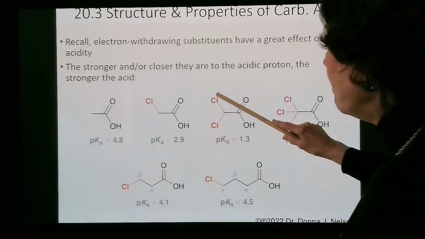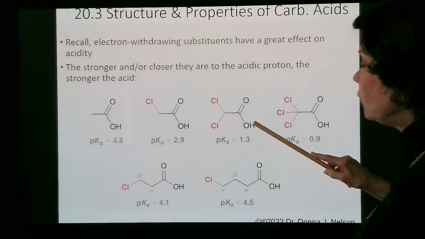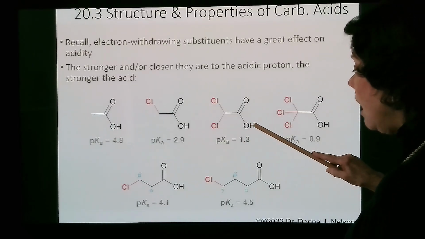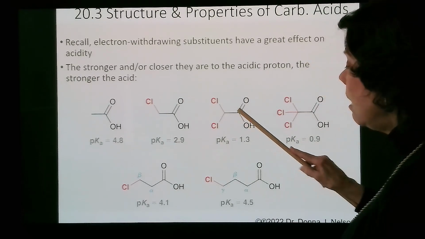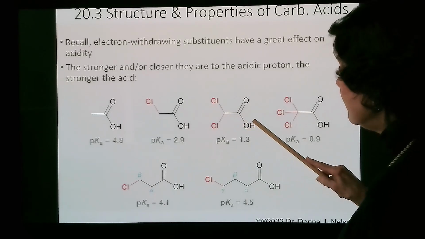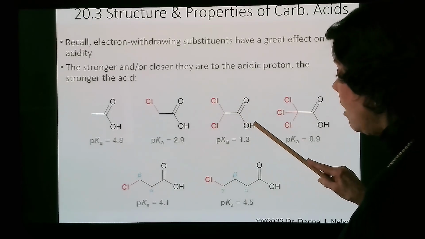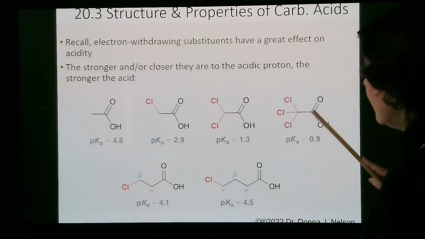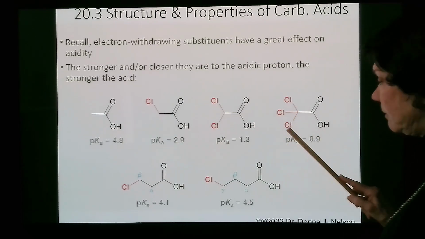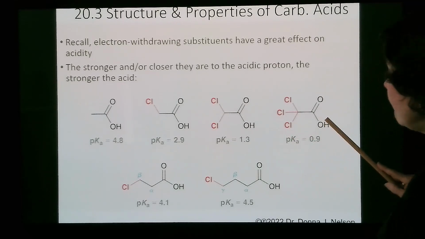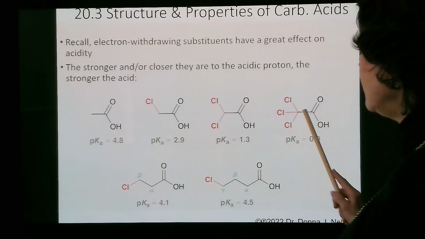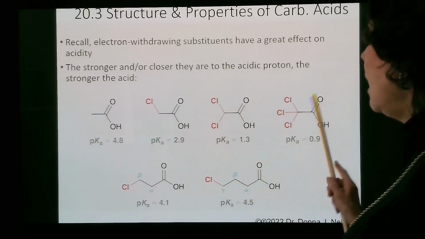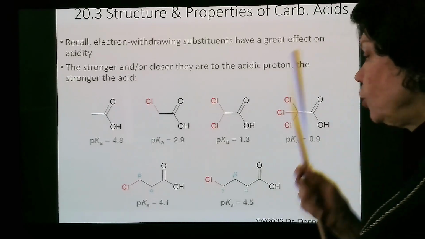And so as you put on more electron withdrawing substituents, this oxygen-hydrogen bond pair of electrons moves more onto oxygen and into the molecule and off of the proton, and the proton becomes more acidic. And the third electron withdrawing substituent pulls the electron density off of the proton even more so. So there is the trend with regard to the number of electron withdrawing substituents.